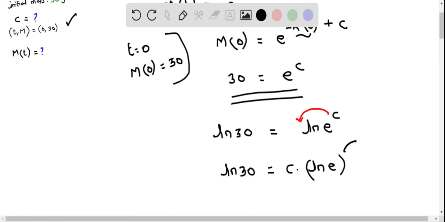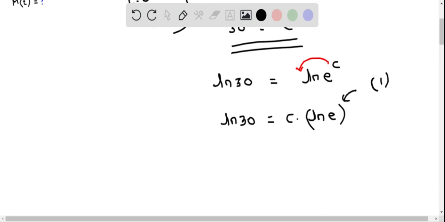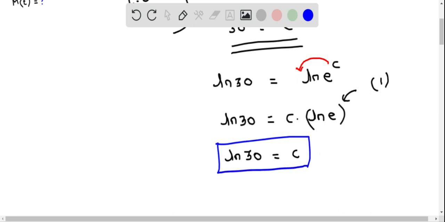Remember that the natural logarithm of e is 1. So when we replace this by 1, we get c times 1, which is c. So c equals natural logarithm of 30. So we found the value of c.